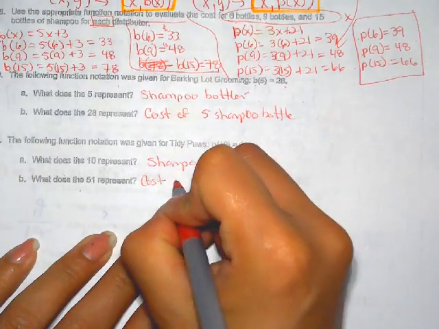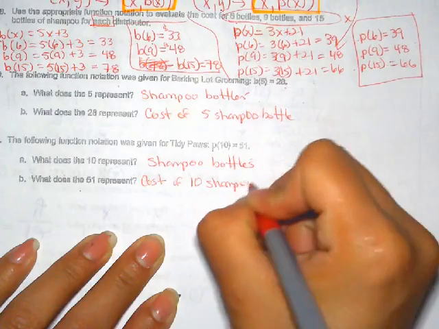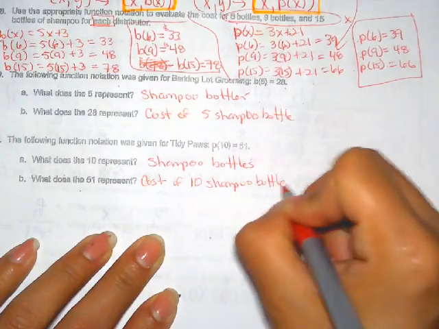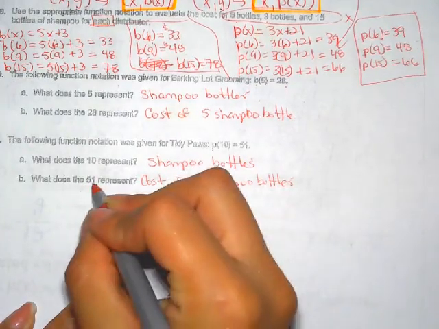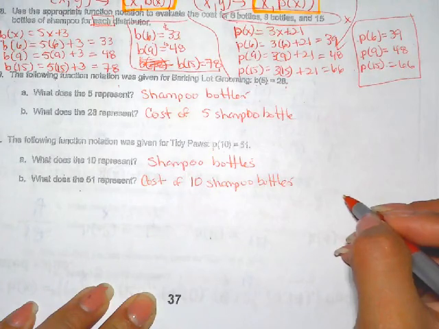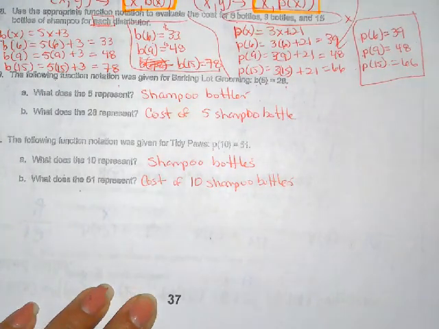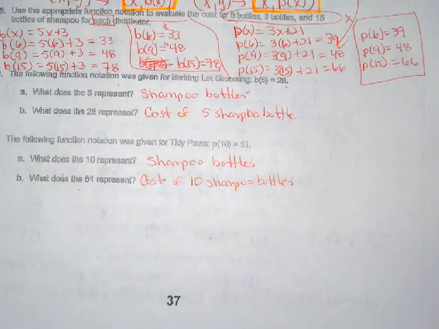Very good, the cost of 10 shampoo bottles, which would be $51, right? You can make it more specific if you want. I could have written, it costs $51 to purchase 10 shampoo bottles. Okay? All right, guys, the backside is your assignment. Please use your notes. It is actually very easy. Last period, almost everybody turned it in.